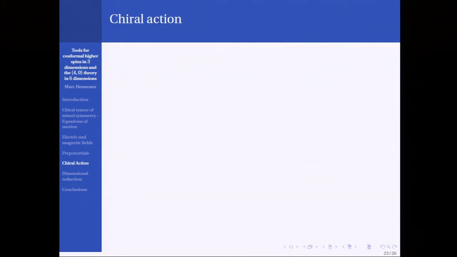And so the idea is to rewrite everything in terms of the prepotential. Then it goes very smoothly and quickly.